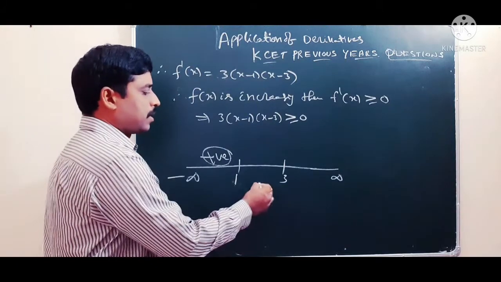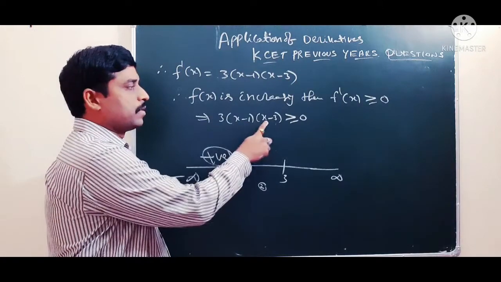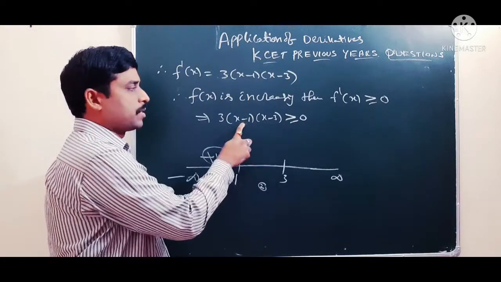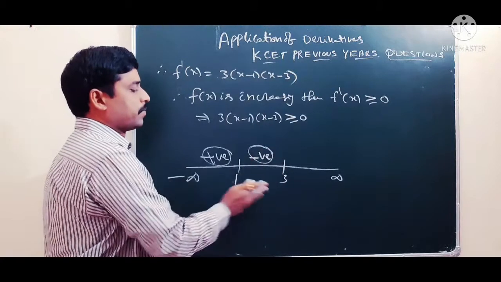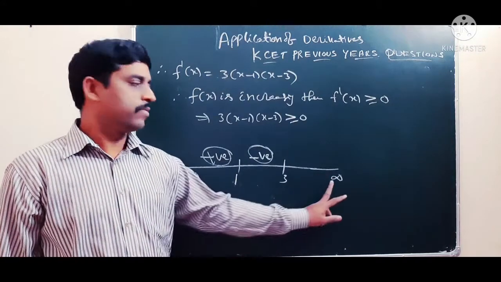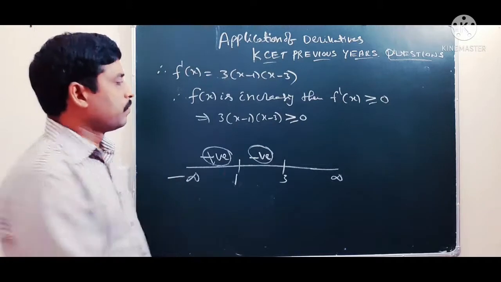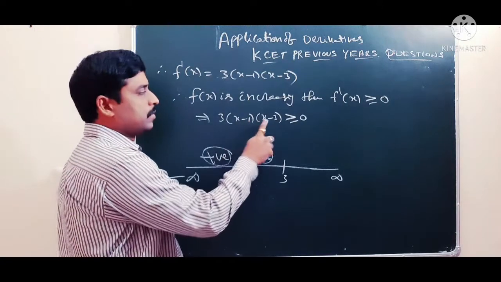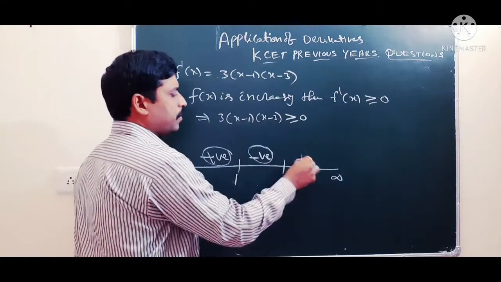Let us take 2. 2 minus 1 is positive, 2 minus 3 is negative. Positive into negative, so in this interval f dash x value is negative. Between 3 and infinity, let us take 4. 4 minus 1 is positive, 4 minus 3 is positive. Positive into positive is positive.